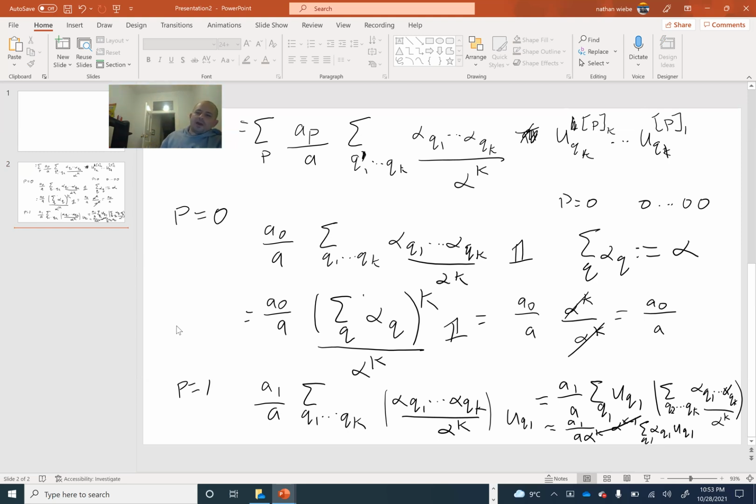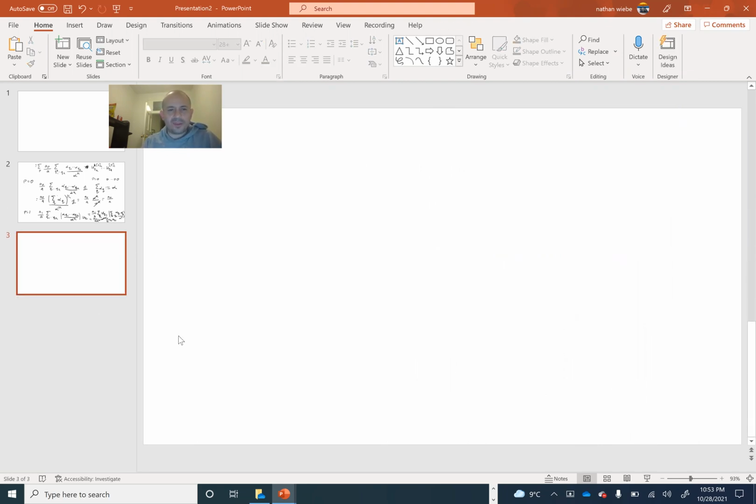As we end up increasing the index of p to k, we'll have more and more of these u terms and less cancellation on the denominator. The pattern, once you go through, it's easy to verify for yourself that this ends up yielding the sum over P, A sub P over A. What's the best way to end up writing this?